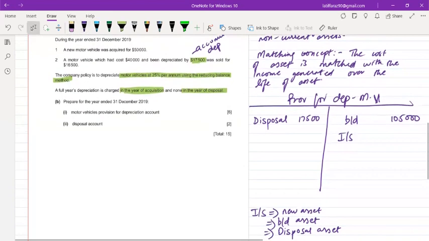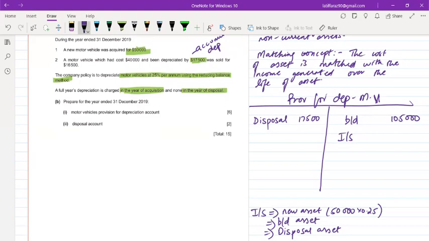So the new asset we acquired for 50,000. So 50,000 multiplied by 0.25. So we will get the charge for the year for the new asset.